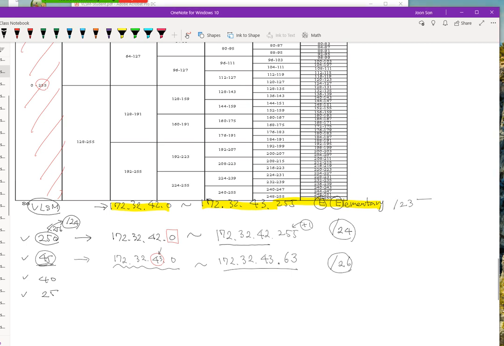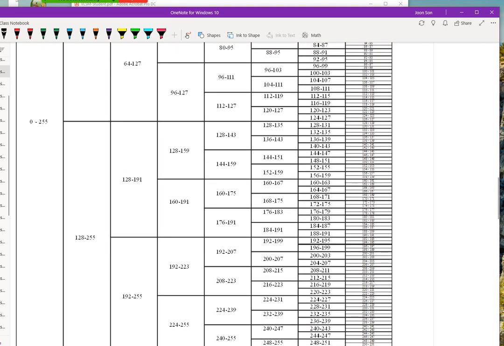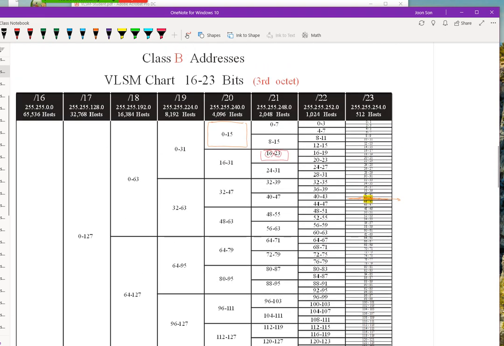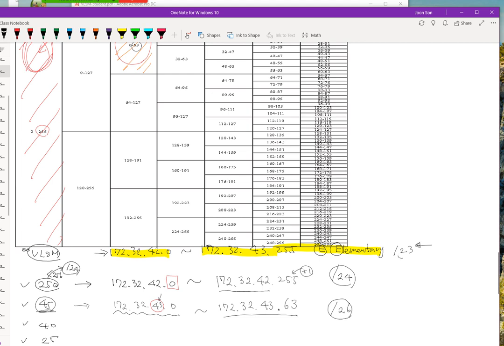Okay, so this is given to us. And so /23 means what? 512 hosts, right? So the IP address given to this elementary school is 512 hosts, basically.